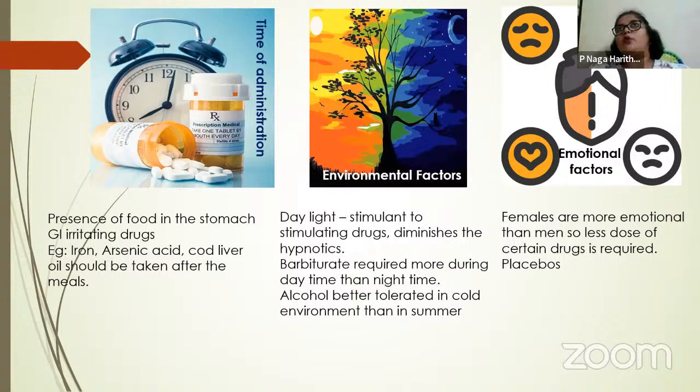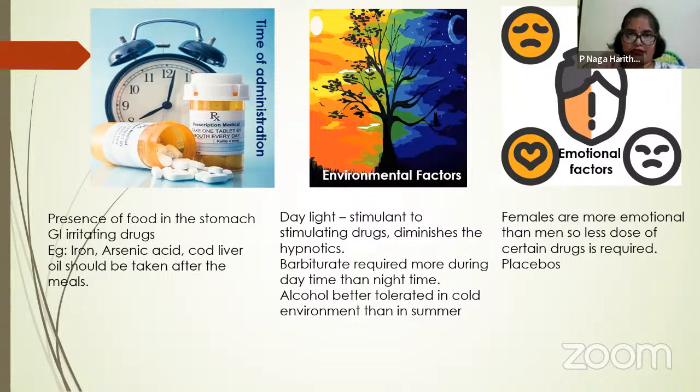Suppose I have given a patient a placebo. You must be knowing about the placebo. In general terms, we call it a dummy drug. That means there won't be any API, active pharmaceutical ingredient, in it.